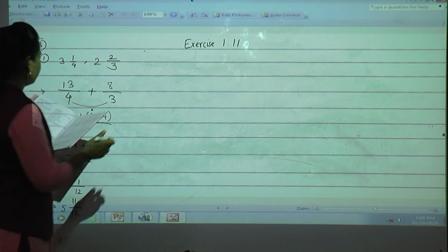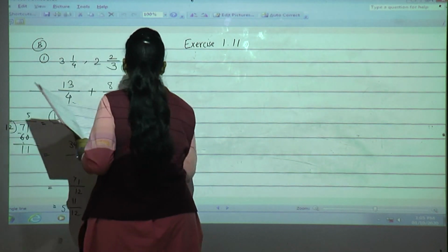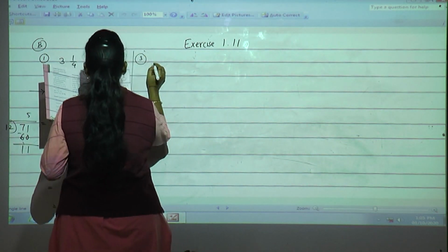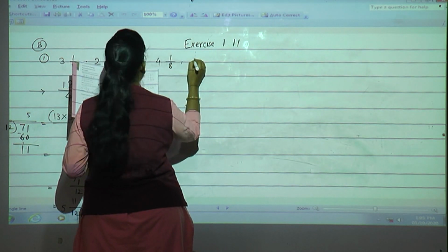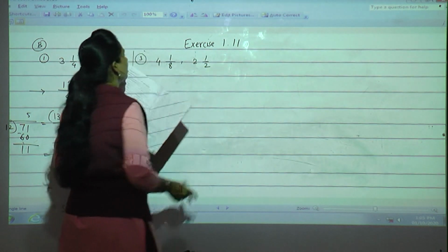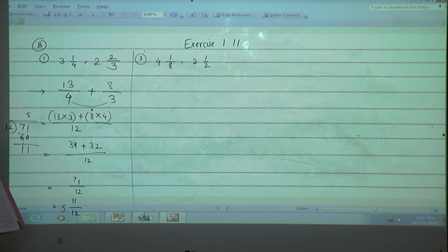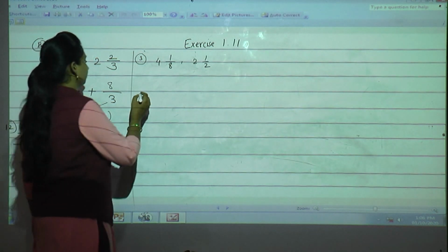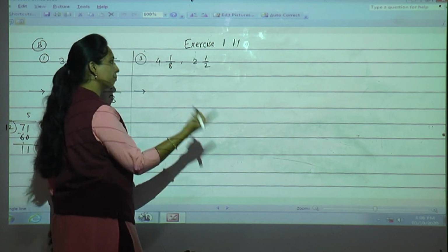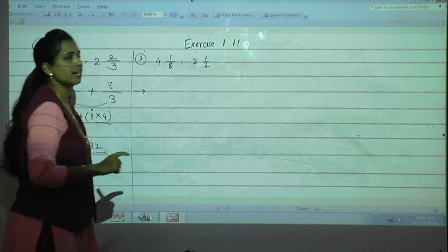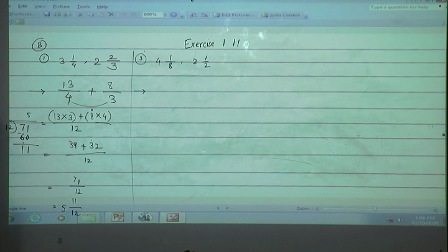Now I will solve the third one for you. See the third question. 4 1 by 8 comma 2 1 by 2. Whole number they have given and fractions. Now see, first mixed fractions convert into improper fractions. 4 8s are, yes, 32.